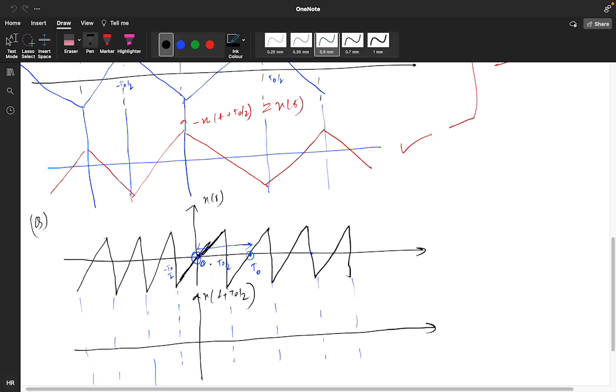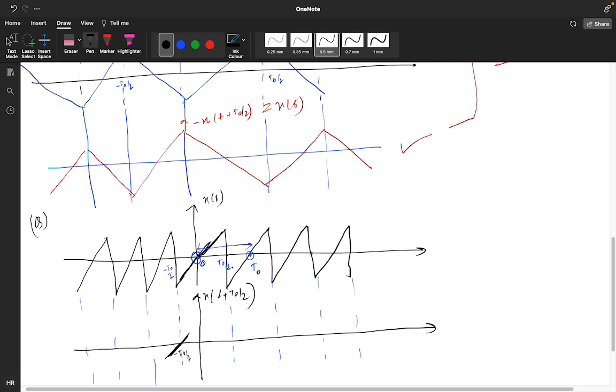Tell me. 0 will become minus t naught by 2. So here it is your minus t naught by 2, and it will become the crossing point, right? And this straight line will come where?